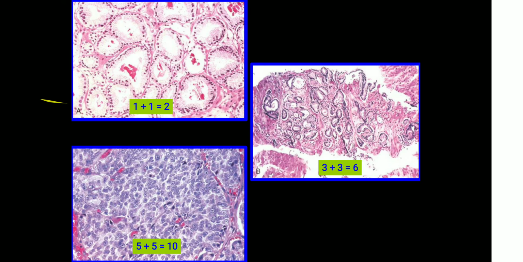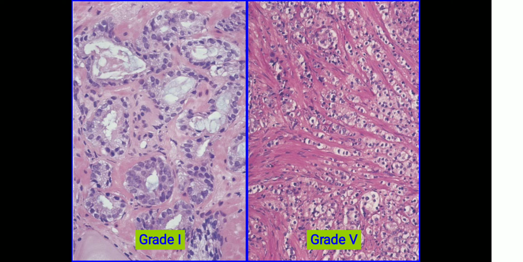If you get these 2 patterns in one prostatic biopsy, the report will be like this: if the prostatic biopsy is showing a predominant grade 5 pattern and a very few areas show a grade 1 pattern, we will give the final report as prostatic adenocarcinoma Gleason score 5 plus 1.